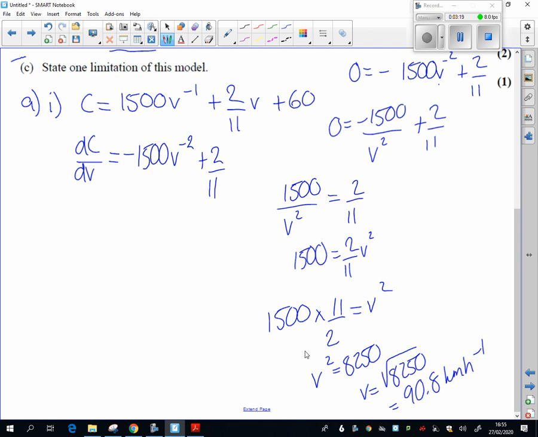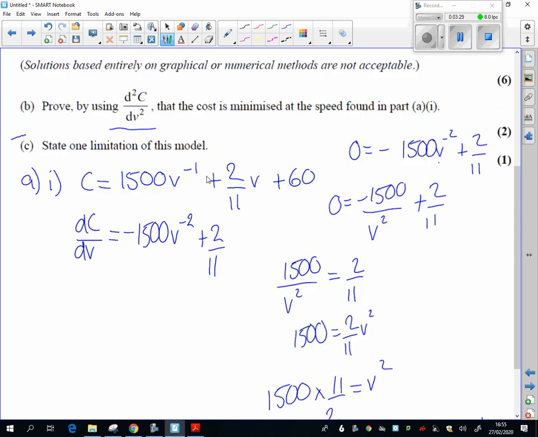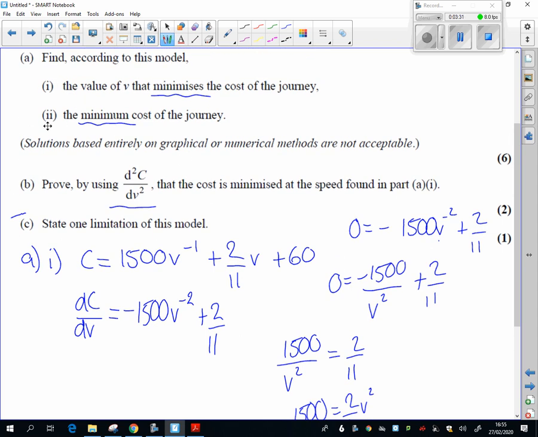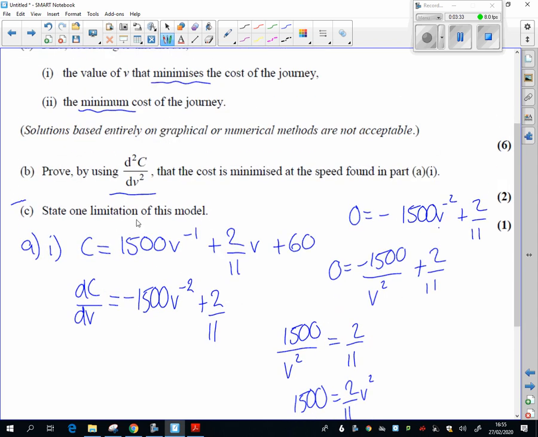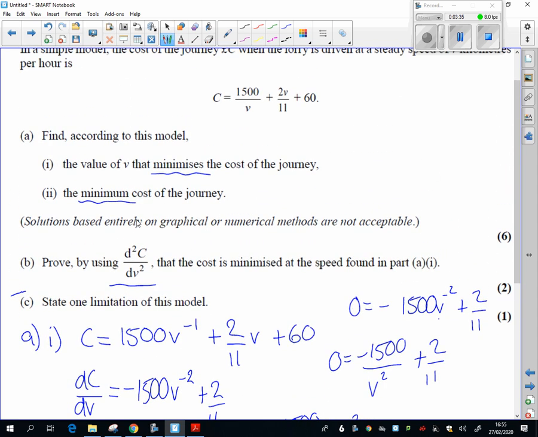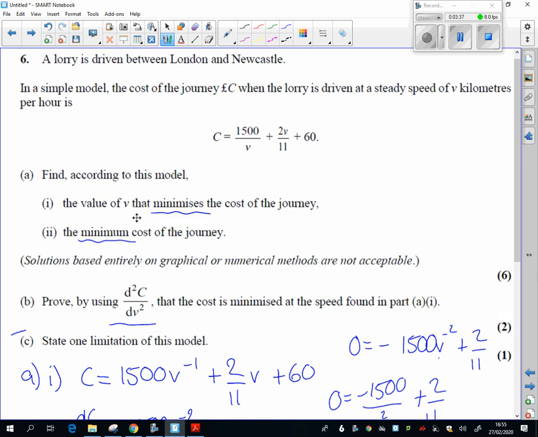Okay, and I don't need to prove that that's a minimum. It will ask you separately if you need to do that, and that's what it does in part B. So it's absolutely fine to just at this point assume that that's going to minimize the cost. It doesn't actually ask me for that minimum cost, so that's fine. So the actual minimum cost, I'm going to go back to this equation, so 1,500 over the answer I've just found for v.